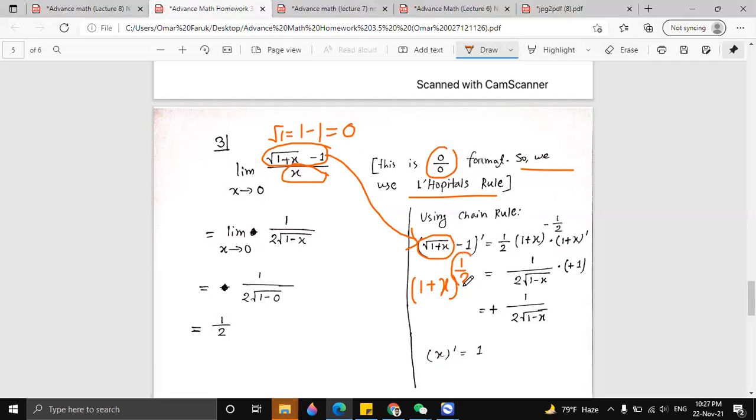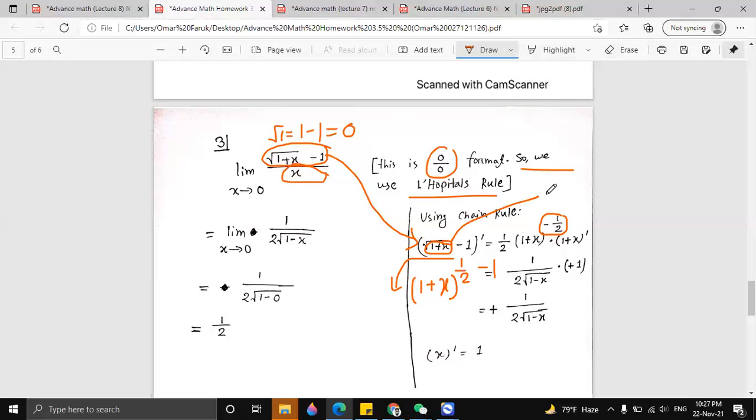Now we can take this power down from the formula, and we decrease the power by 1. If I calculate half minus 1, it will become minus half. So half into 1 plus x to the power minus half. And see, inside we have again 1 plus x.